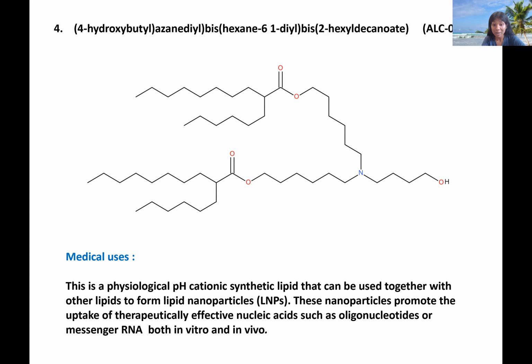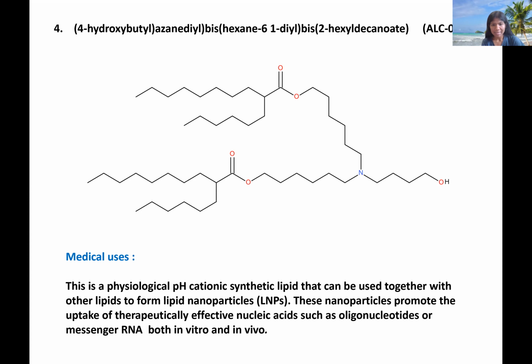form a lipid nanoparticle. So what is the role of a lipid nanoparticle? The lipid nanoparticles mainly promote the cellular uptake of therapeutically effective biomolecules like oligonucleotides or mRNA, both in vivo and in vitro.